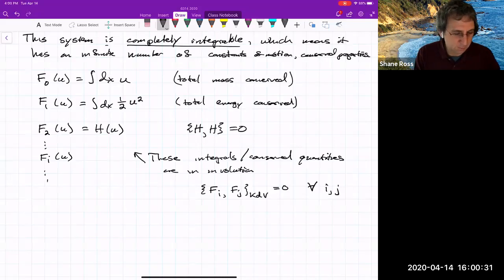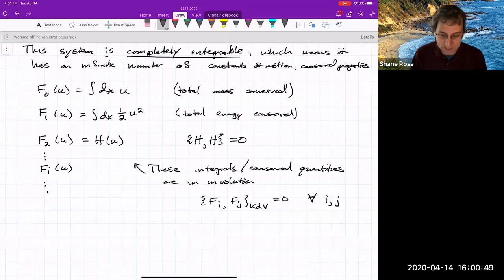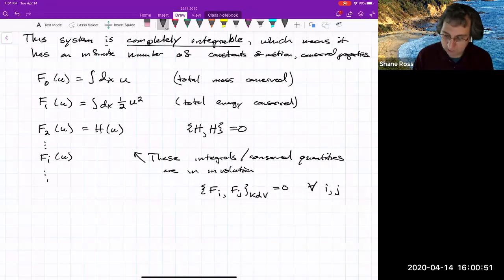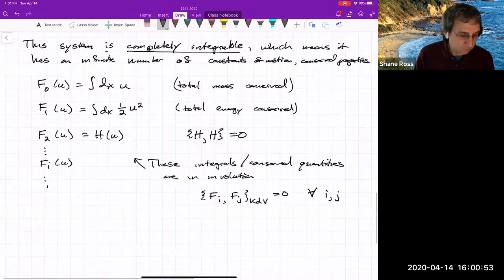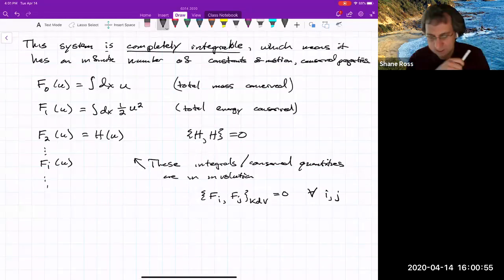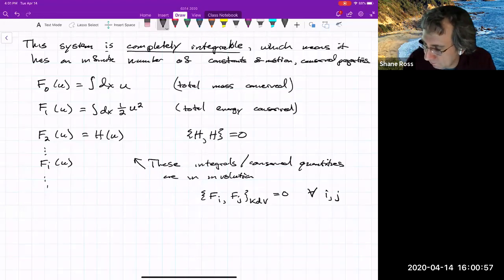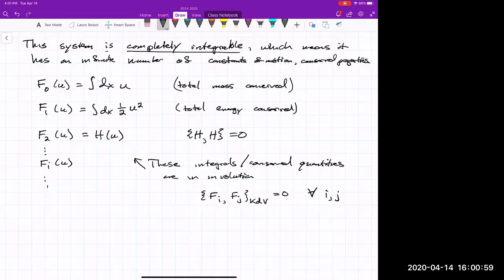Now, before mathematicians got too excited, apparently it's pretty rare for a PDE to be completely integrable like this, as far as we know. This is the prime example. There may be others out there, I don't know. But this is it. I got excited. I saw one of the math seminars last year.